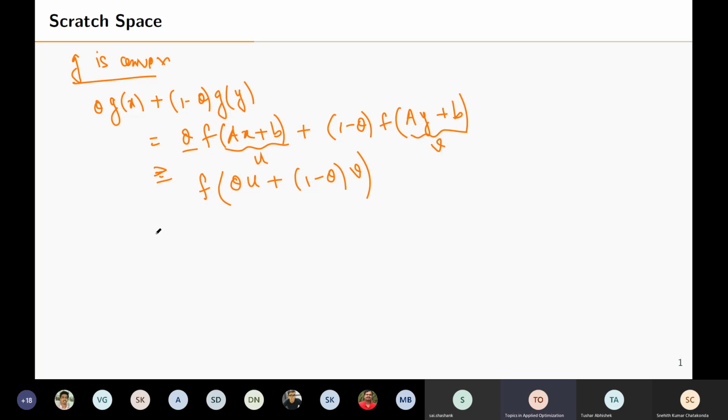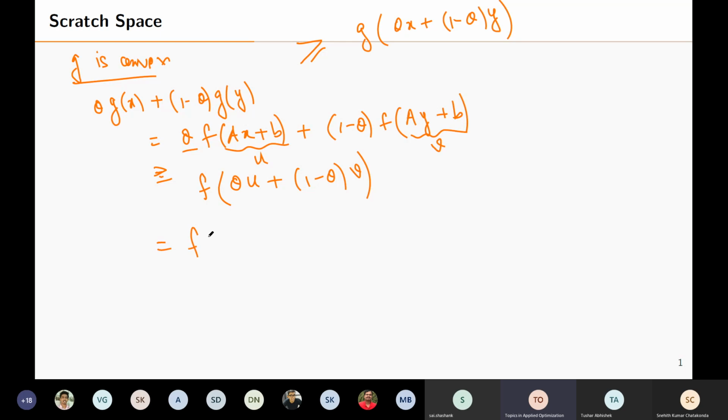So this is what we have. Now remember, what we have to prove is that g of theta x plus 1 minus theta y, we have to prove that this is greater than or equal to this, right? But is this in that form?